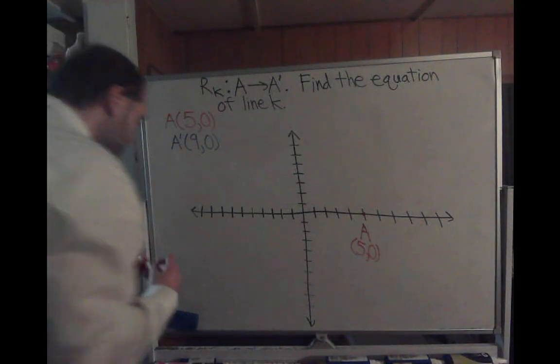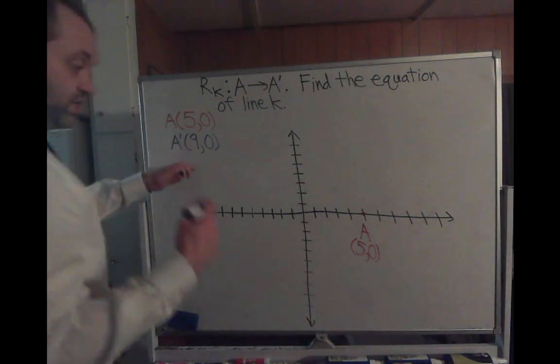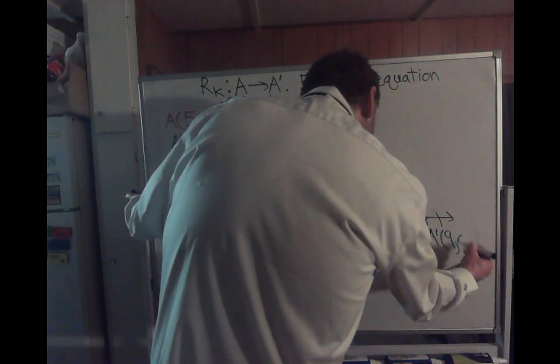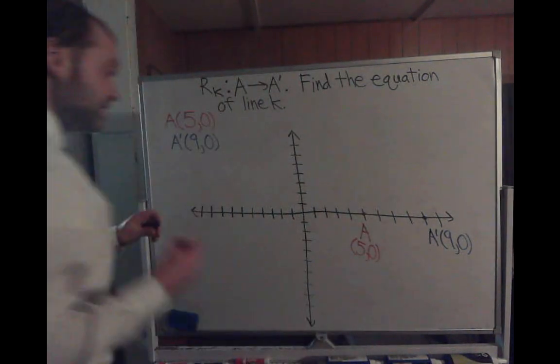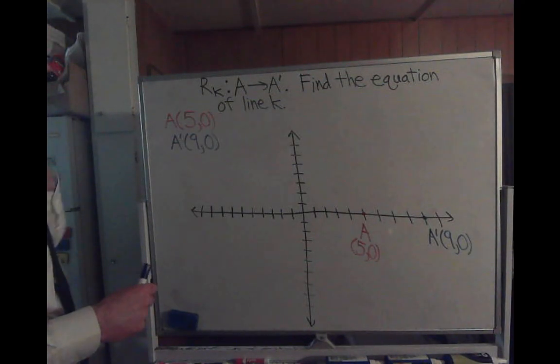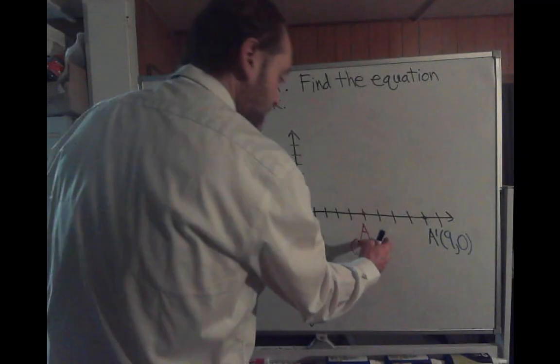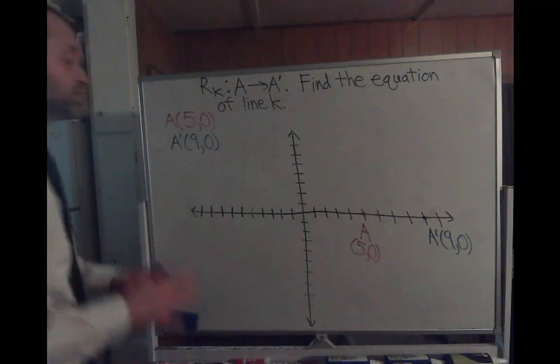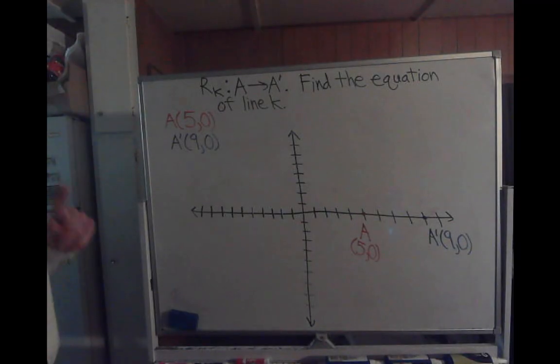Let's find A prime, which is located at 9, 0. All right, so there is your A and A prime. So how are we going to find the equation? How do we do that?